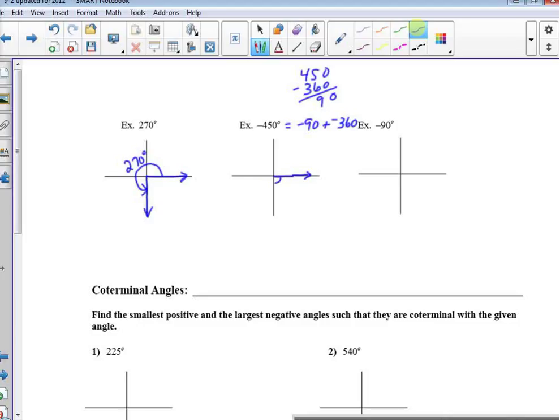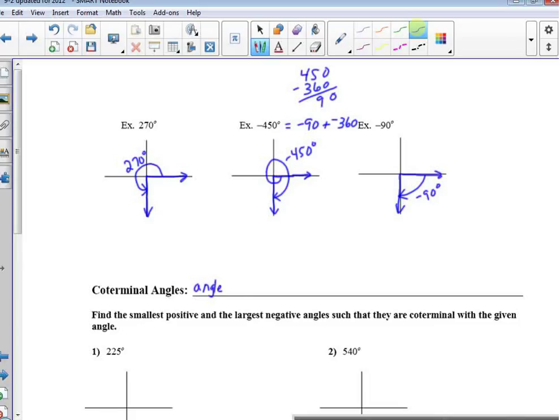So we're going to go negative 360 and then an additional negative 90. The terminal side is there, the initial side, so that's negative 450. And then negative 90, we have initial side, terminal side, directional arrow, label.